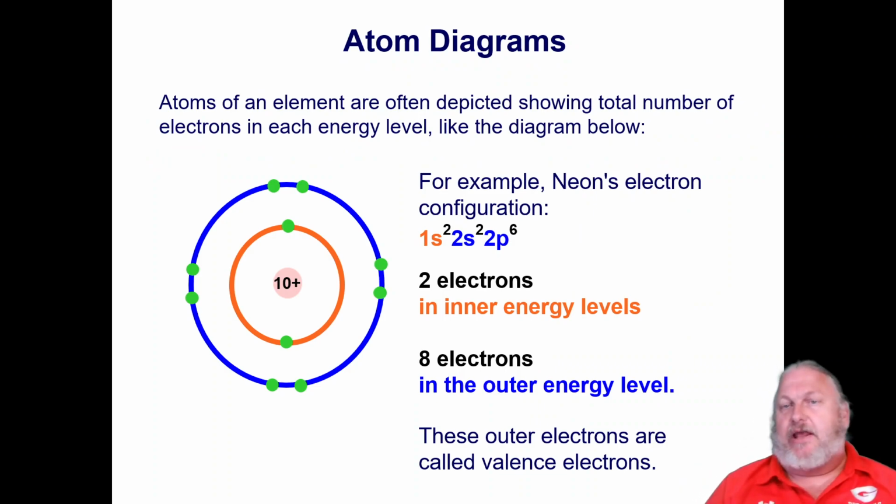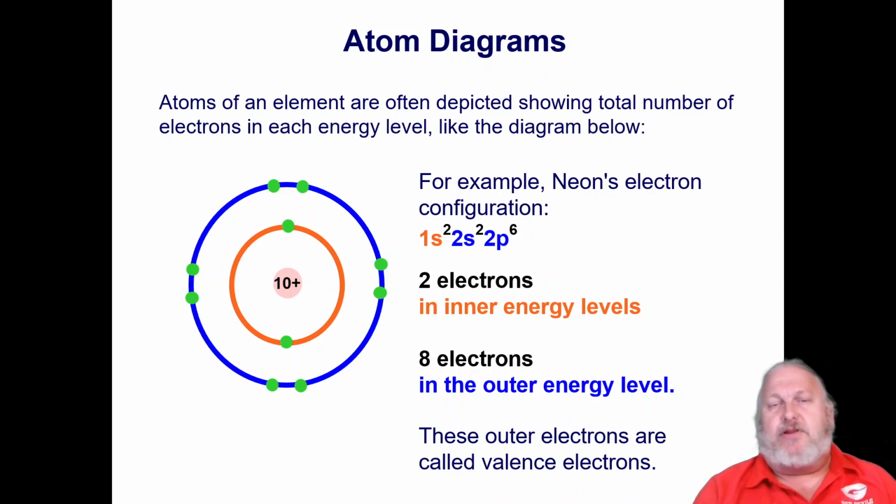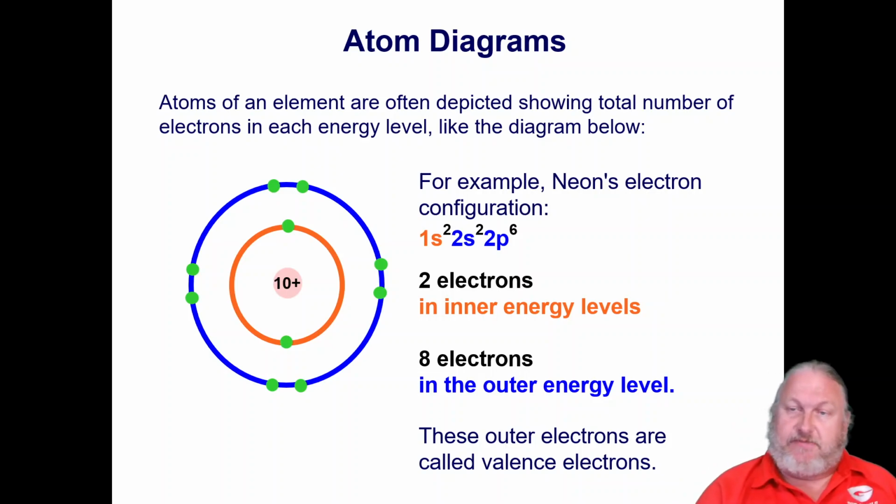So atoms of an element are often depicted showing the total number of electrons in each energy level. And this is probably something you saw in 8th grade. Let's look at this diagram. So neon has the following electron configuration. All right, there's 10 electrons.